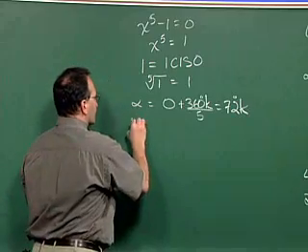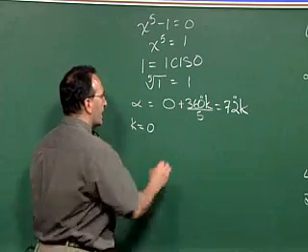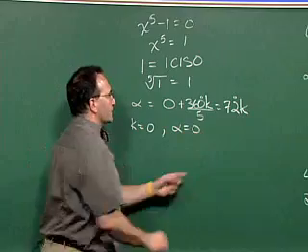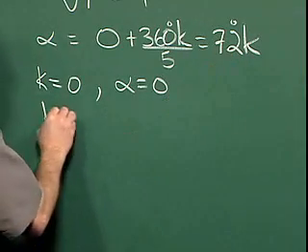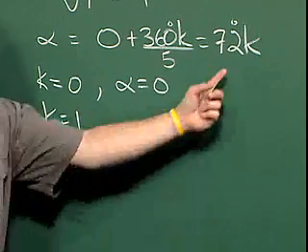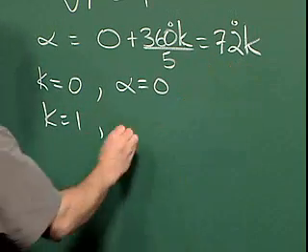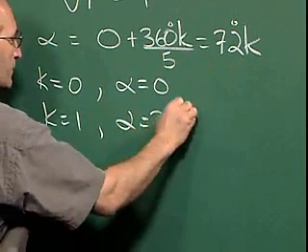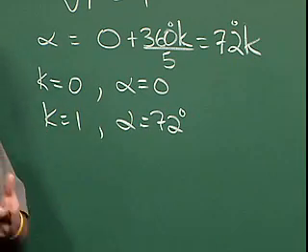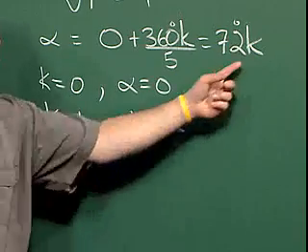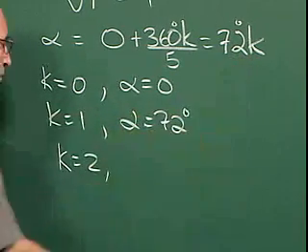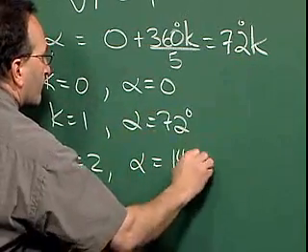So for k equals 0, we get alpha equals 0, because 0 times 72. What about for k equals 1? We'll just get 72 times 1. Alpha equals 72. Then what about k equals 2? 72 times 2, for alpha equals 144.